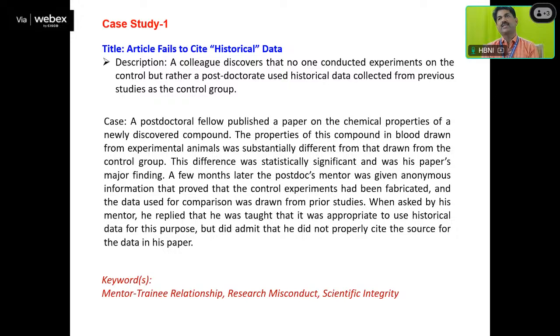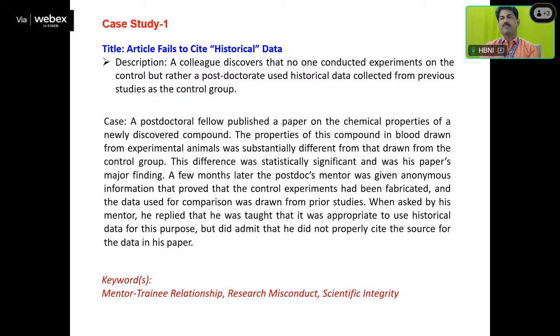This is definitely a violation of ethical standards, because whenever he used past or previous data, he should have given the reference. Otherwise, because this is his major finding in his publication, he definitely has to do the experiment on his own for comparison of the result.